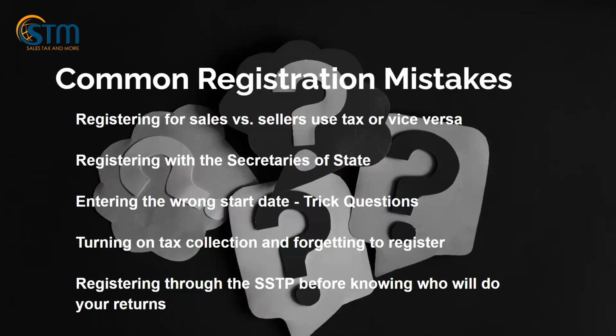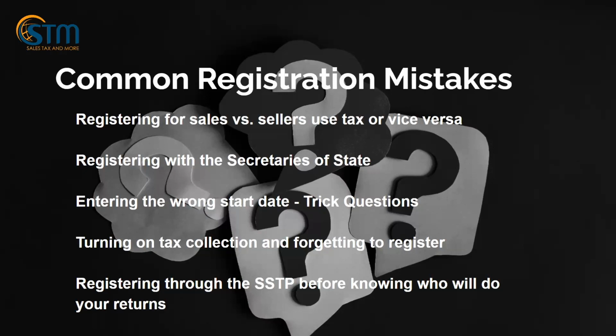So they put down a date 4 years ago, and the state's going to come back and say, thank you very much. Now give us the last 4 years worth of back taxes, penalty, and interest. What the state is actually asking is, when did your nexus begin? So make sure that you understand the questions that you're answering when you're doing registrations.